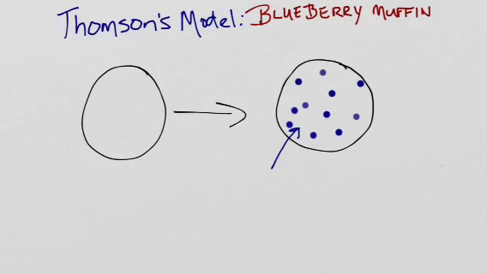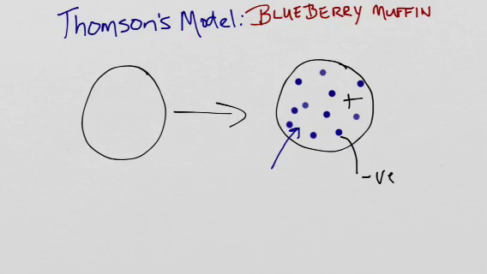It's a solid positive substance, and these little blue electrons, well, we coined them electrons later, but these little negative charges are stuck. It is a negatively charged particle, and it's stuck or embedded in the surface of this solid structure. And Thomson comes to these conclusions by undertaking several experiments with cathode rays.